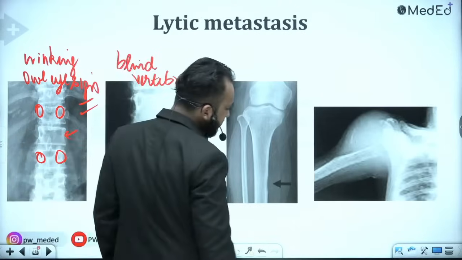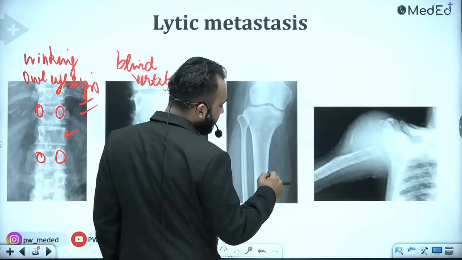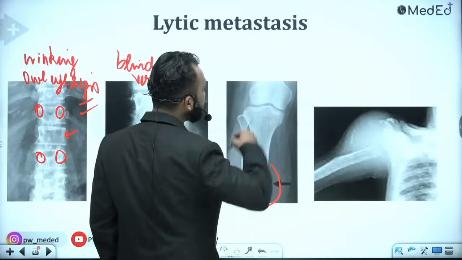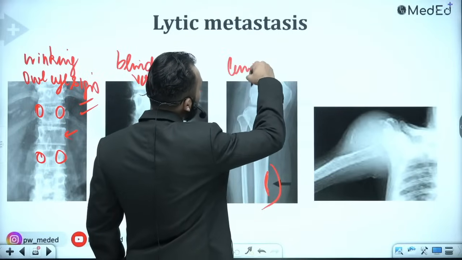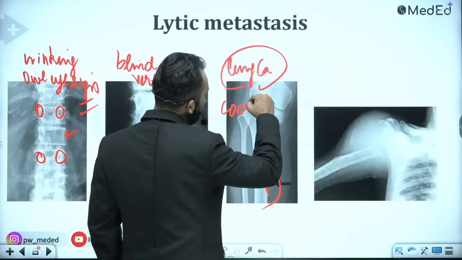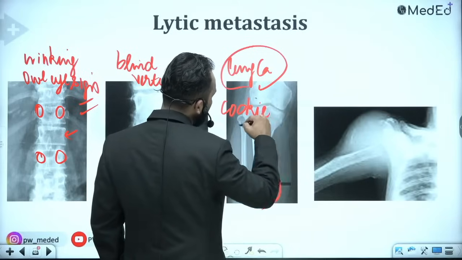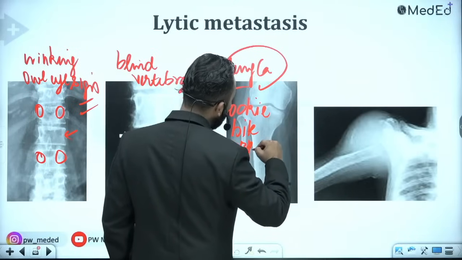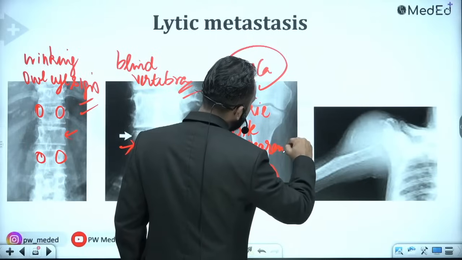In the third image we can see that there is eccentric cortical destruction by a mets, that is mets of the lung carcinoma. This is the cookie bite appearance of the lung carcinoma.